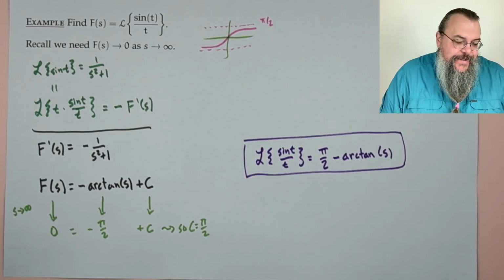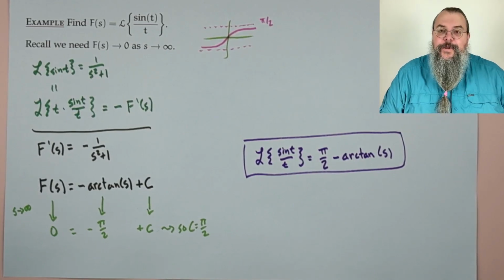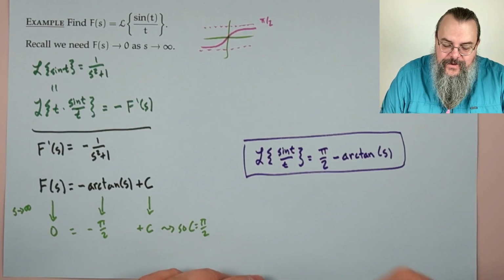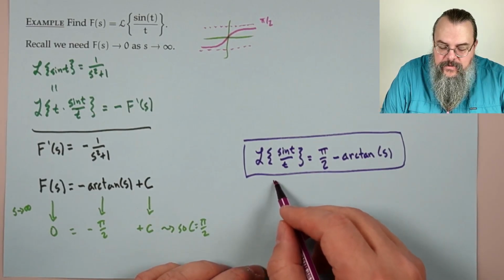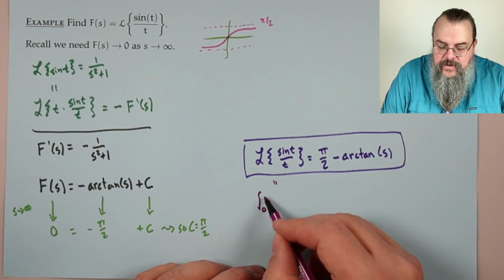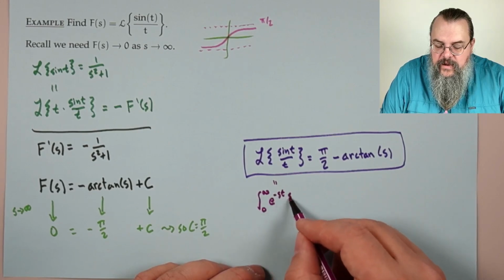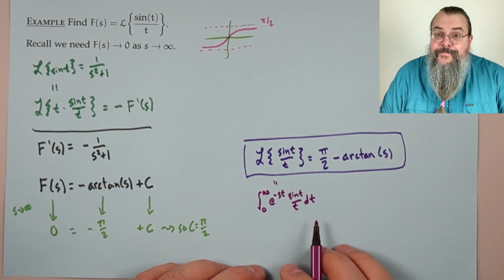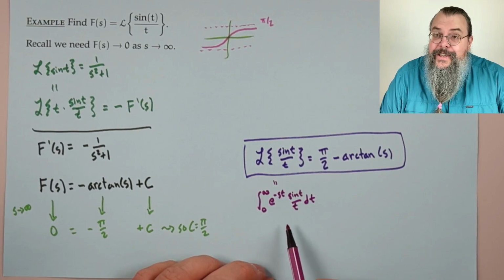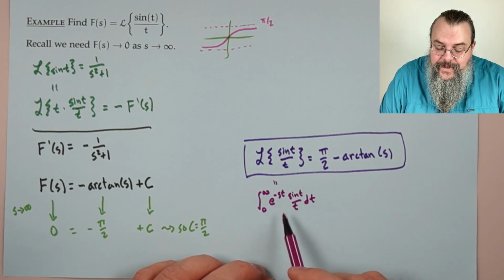You know, who doesn't need some bonus awesomeness in their lives? Recall Laplace transforms, right? So the Laplace transform of sine t over t would be the integral from 0 to infinity of e to the minus st sine t over t dt, right? Now, let s equal 0. What happens when s equals 0?